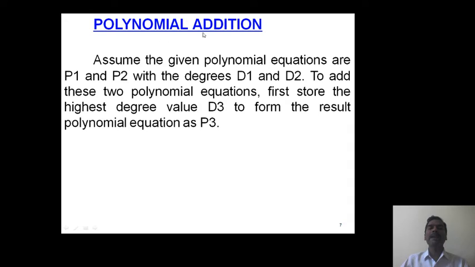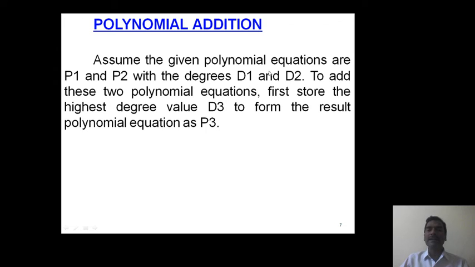Now, polynomial addition operation. To implement this operation, assume there are two polynomial equations P1 and P2 with degree values D1 and D2. To implement the addition operation, first identify which is the highest degree from D1 or D2.